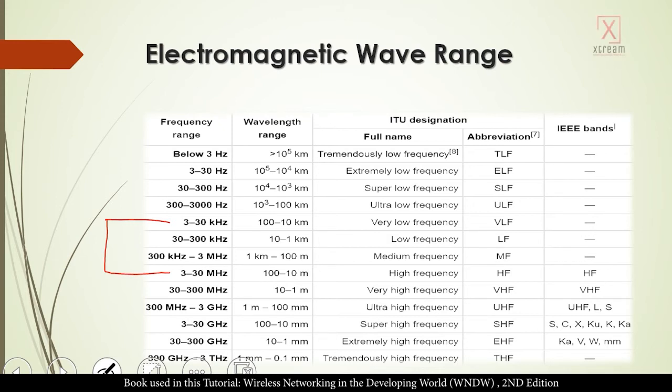We can use this for ground wave propagation, and for sky wave propagation we can use this frequency, and for space wave propagation we can use a frequency band higher than 30 megahertz.